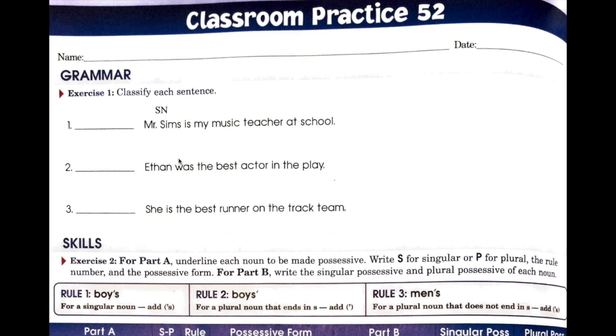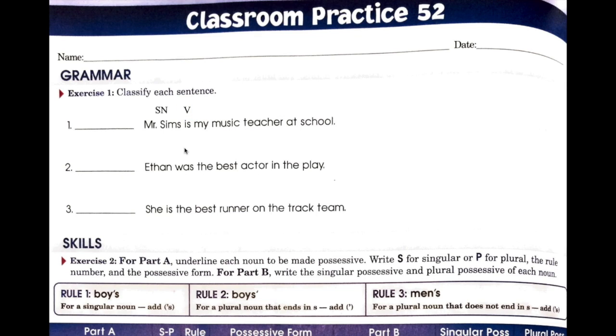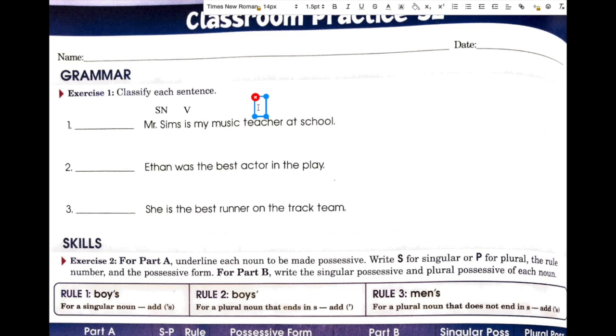Mr. Sims is, a verb. Mr. Sims is who? Teacher. Does teacher mean the same as Mr. Sims? Are they referring to the same person? Yes. So teacher is predicate noun, PRN.